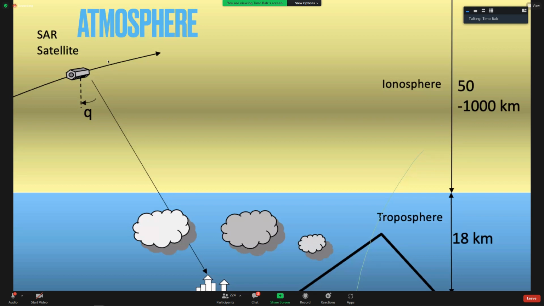So you have different delays through the atmosphere, which can easily be in the range of centimeters. Actually, a couple of decimeters is typically the amount of dynamic delay, while we are measuring millimeters. So the delay of the atmosphere can be very severe. And what we are especially worried about is the spatial and temporal delay difference of it.